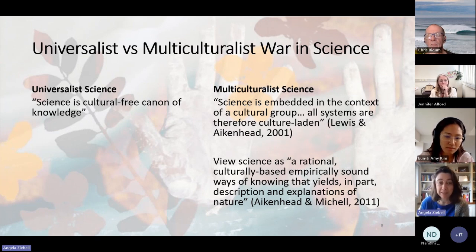Obviously, that varies with cultural group, and therefore that's laden with those cultural systems. So they view science as being rational, but it's also culturally based. It's still an empirically sound way of knowing, but it has a cultural influence.